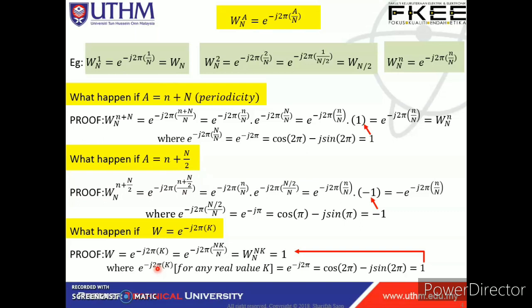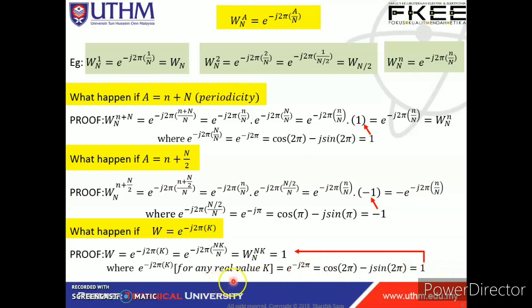So for even multiples of pi, the value will be the same as exponent negative j 2 pi, exponent negative j 4 pi, and exponent negative j 6 pi. When we do the calculation, the value will be the same, which is 1.